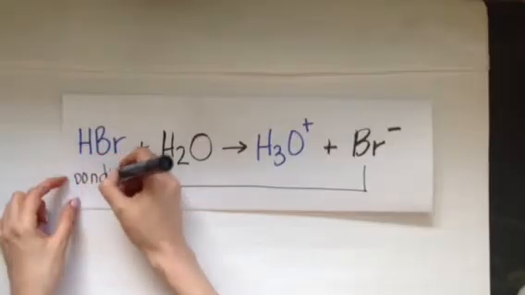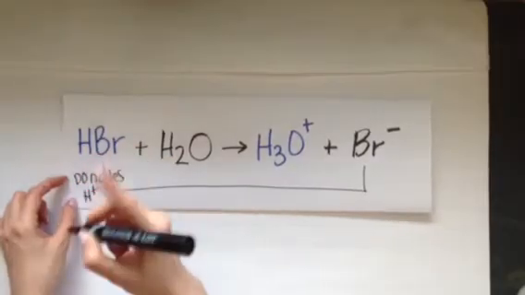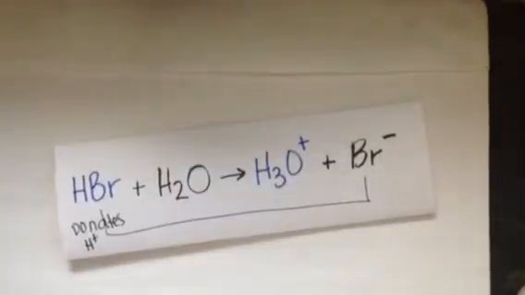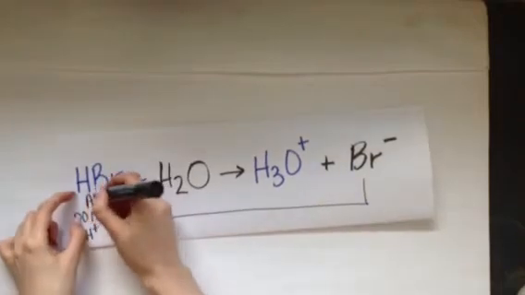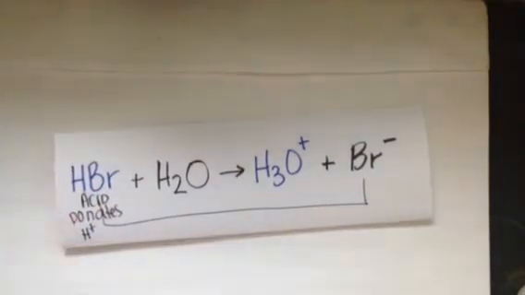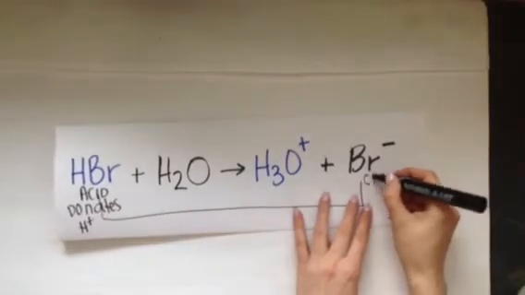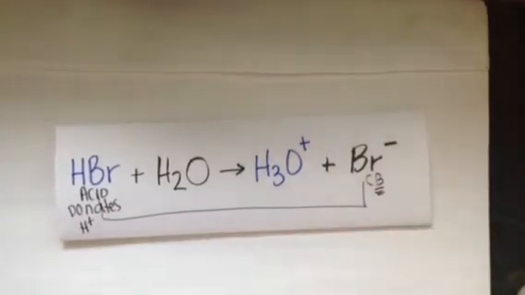It donates. So who donates? Remember, Bronsted-Lowry's definition, acids donate. So that's the acid, right? That's how I figured this out. Remember, an acid is paired up with its conjugate base. Acids pair up with conjugate bases.